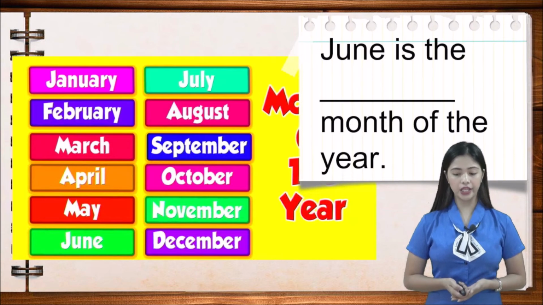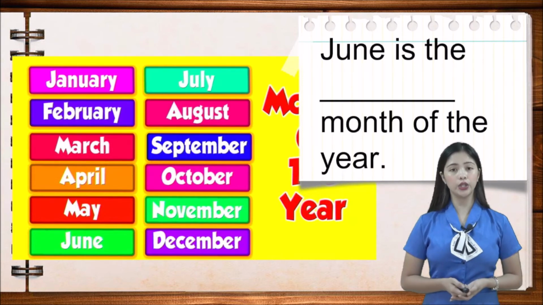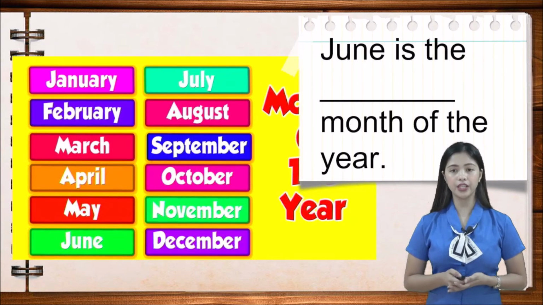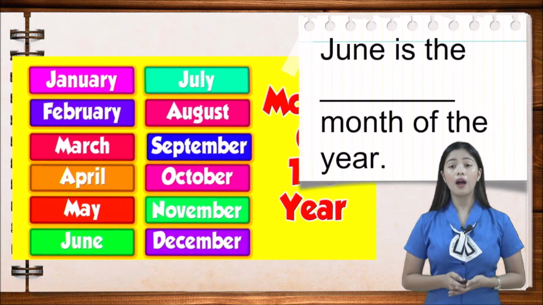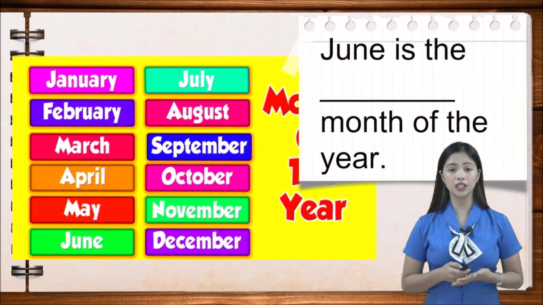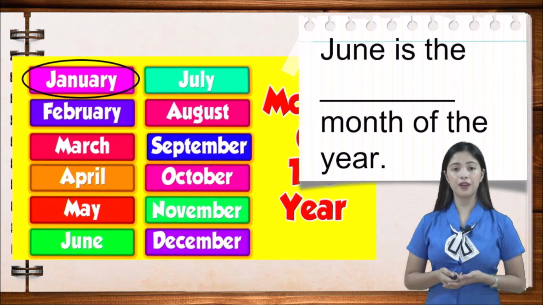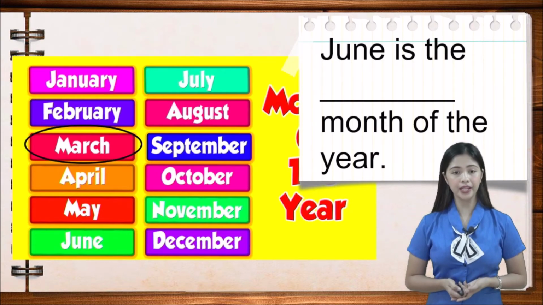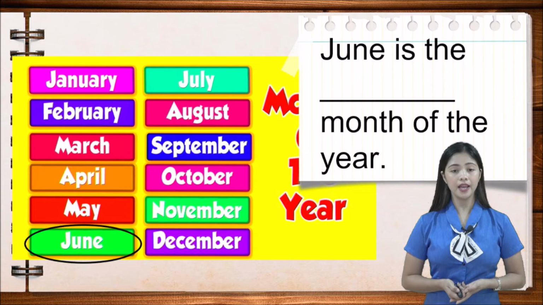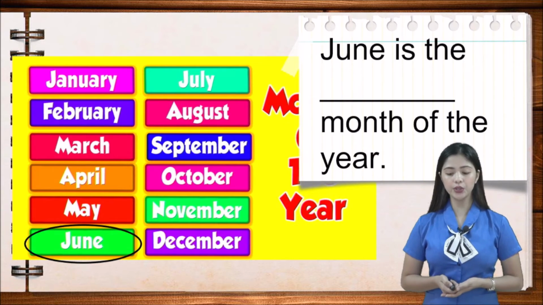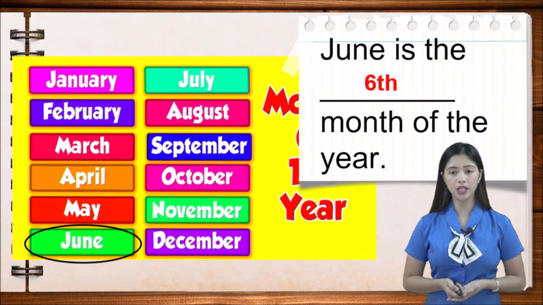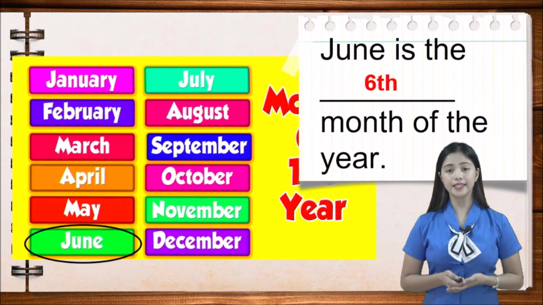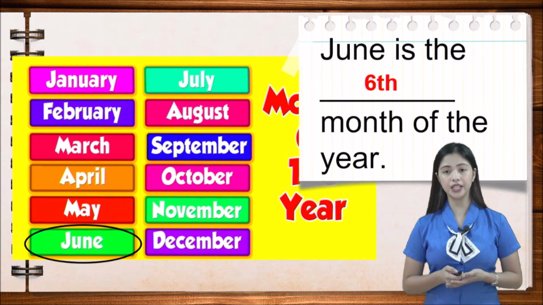How about here in June? Look at the months of the year. So we have January, February, March, April, May, and June. So June is the 6th month of the year.